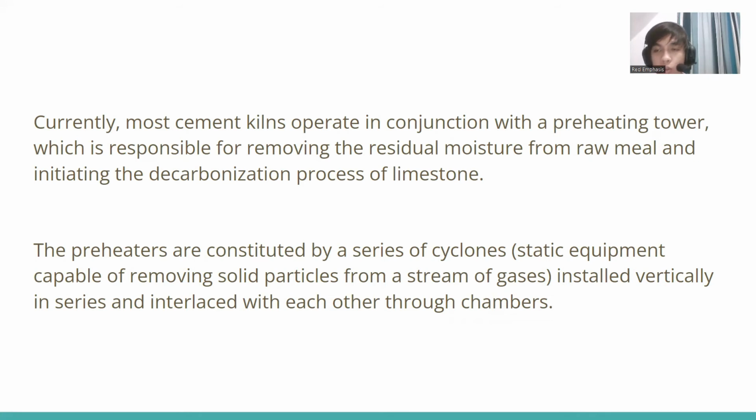It takes advantage of gravity and centrifugal force, which makes the particles spin. The raw materials, being heavy, go down, while the hot stream from the kiln goes up, installed vertically in series and interlaced with each other through chambers.